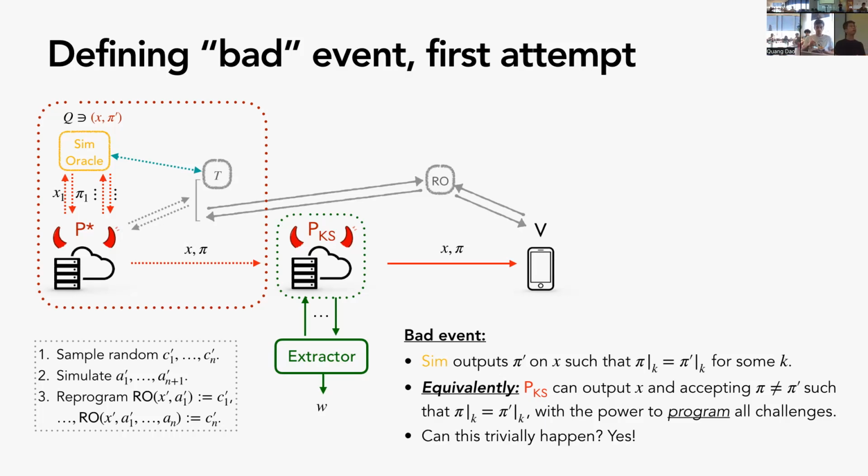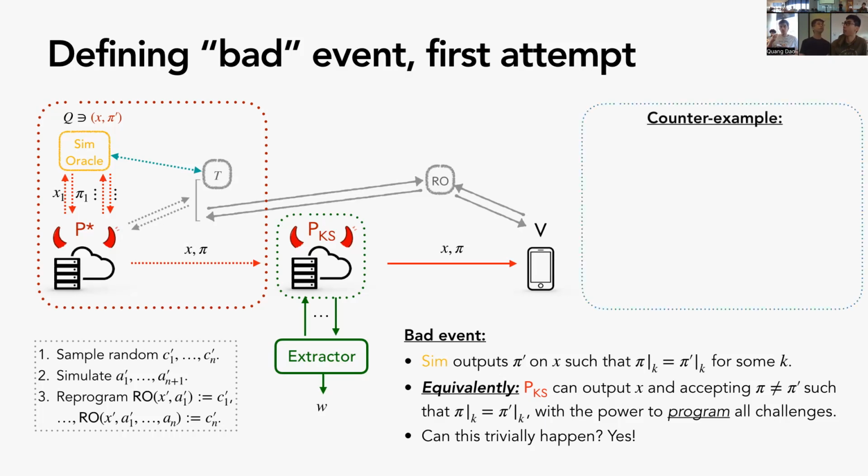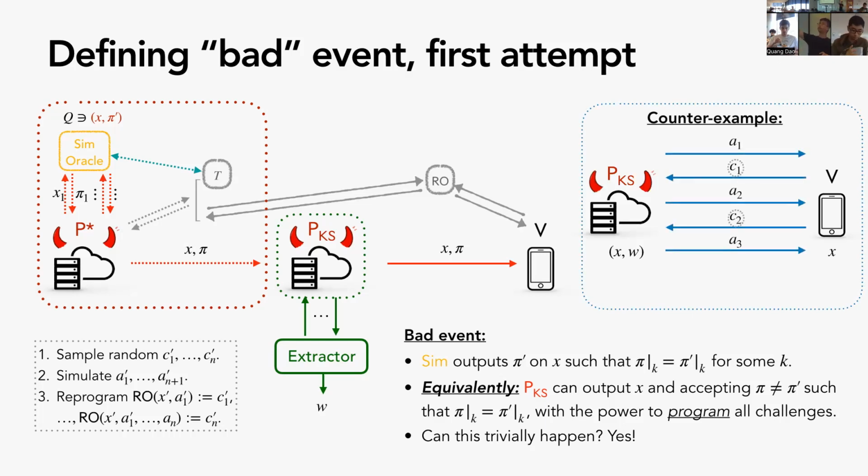Now, given this bad event, it turns out that this is too strong. There is a very easy counterexample that makes this always happen. The counterexample goes as follows. Assume we have an interactive proof system that has, say, 3 rounds, and the first and second round messages from the prover are randomized. This means that when the prover generates the proof honestly, it can have some randomness in both the first round and the second round.